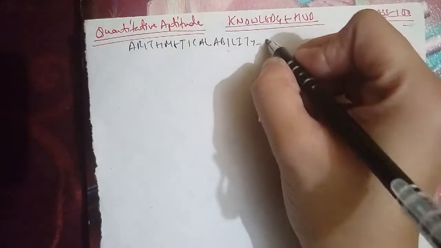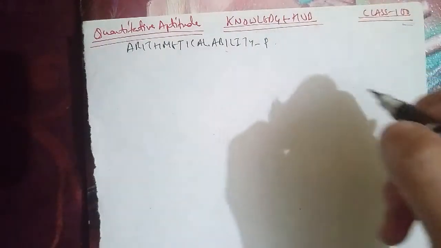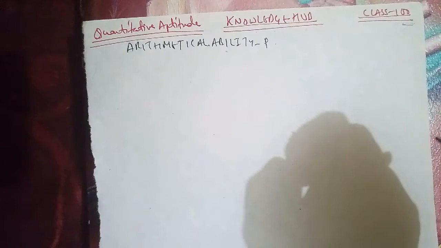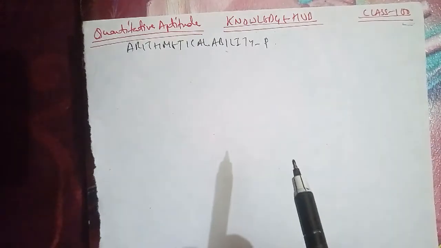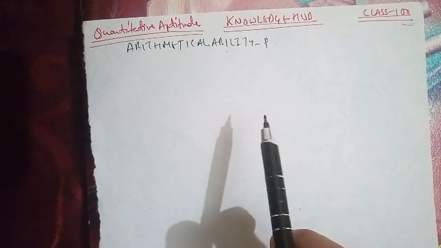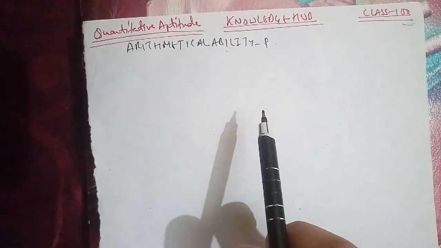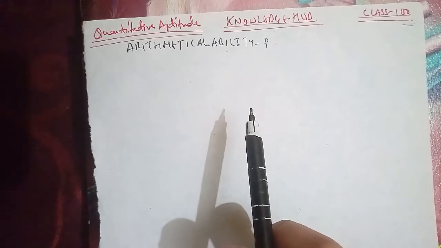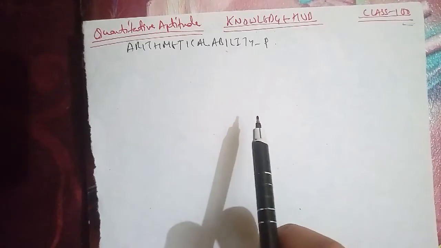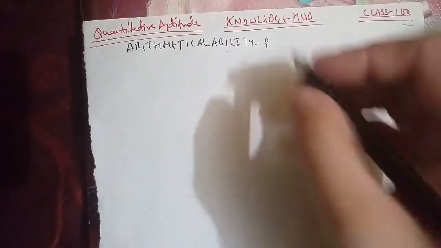In arithmetical ability, we have done operations on numbers, HCF and LCM of numbers, decimal fractions, simplification, square roots and cube roots, problems on numbers, problems on ages, odds and indices, percentage, averages, and now we have started with the 11th topic, that is profit and loss, which we have to discuss here. So we go ahead for the same.